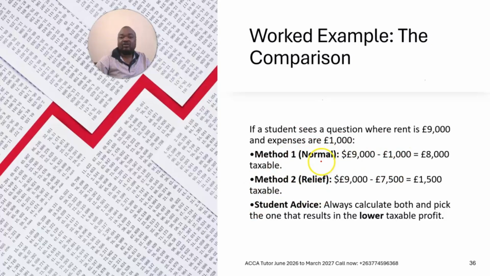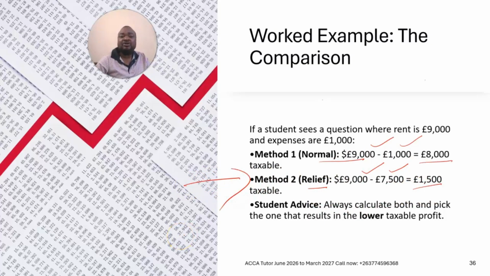Method one, the normal way, is the rental income of 9,000 minus the expenses, and we are left with 8,000 pounds taxable. Or we choose the relief method, where we say the rent of 9,000 less the tax exemption of 7,500, and we are left with 1,500 as taxable profit. So obviously method 2 in this case is going to be applicable.